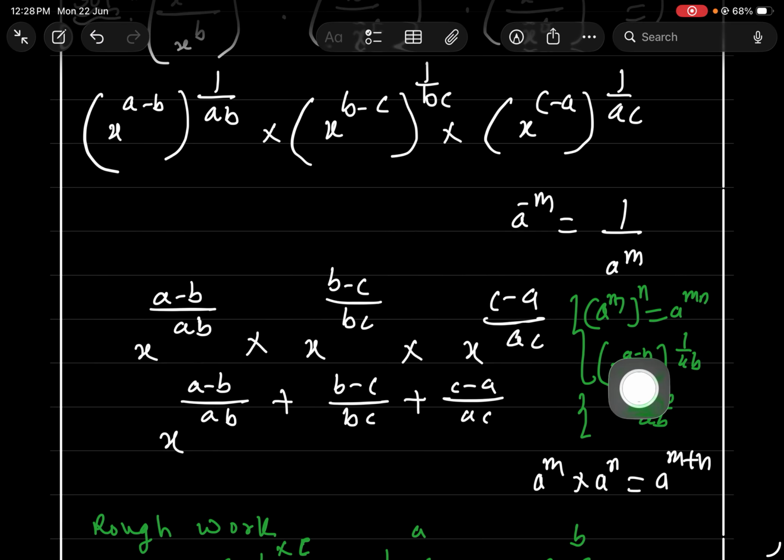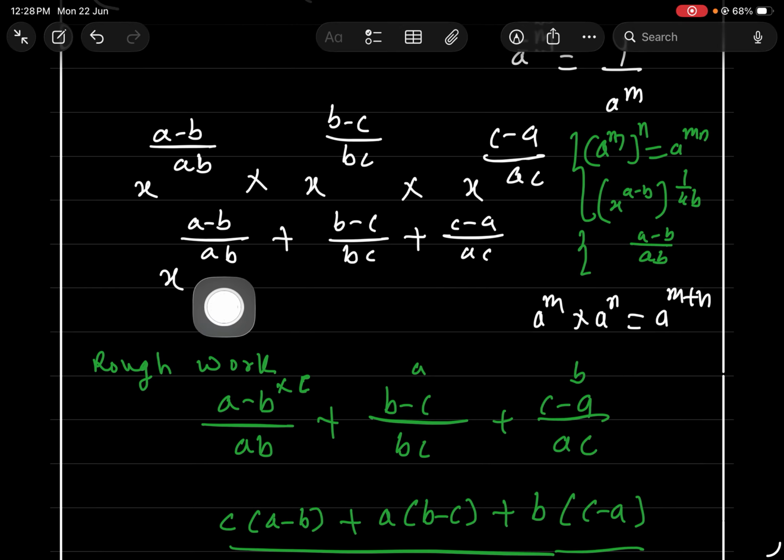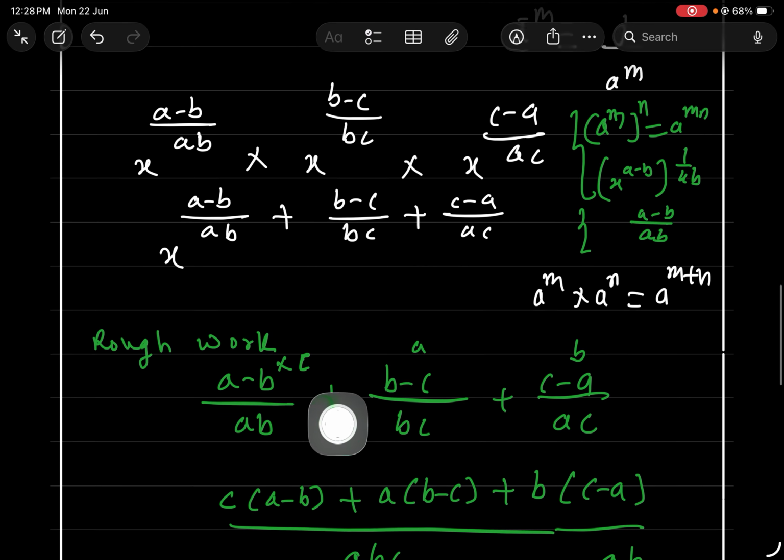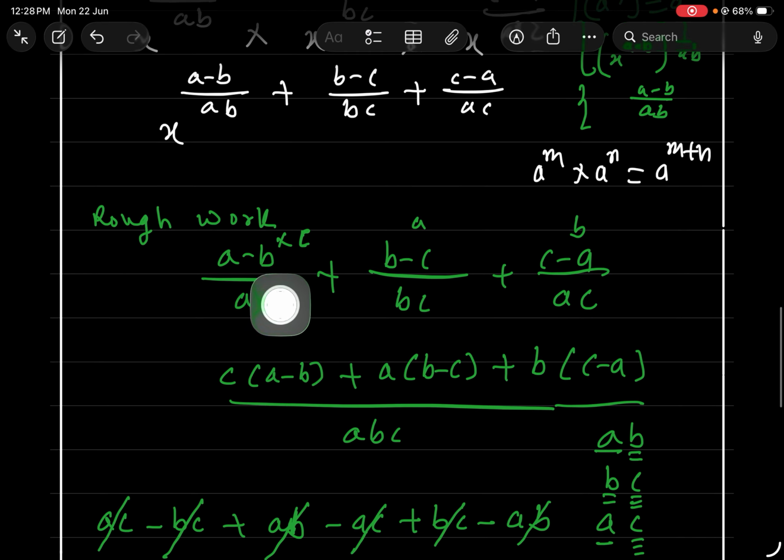Like this all come: (b-c)/(bc) and (c-a)/(ac). The base is the same, so we add all these indices: (a-b)/(ab) + (b-c)/(bc) + (c-a)/(ac). As rough work, we add them using the LCM.